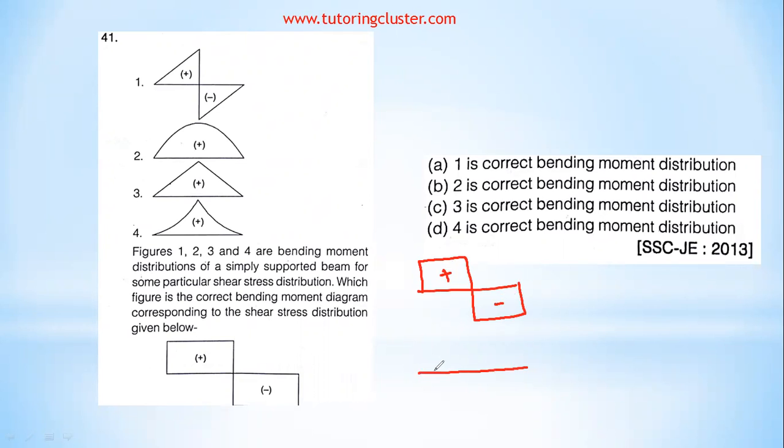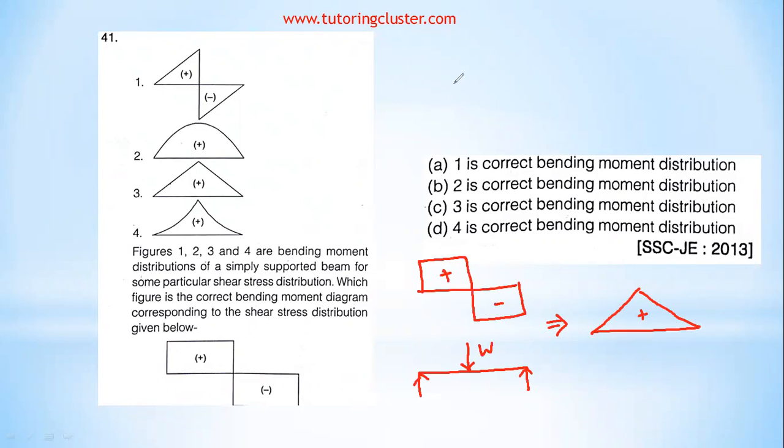So from this, if you want to draw the loading condition, it will be like this. Okay, so for such case, what kind of bending moment we will be having? Triangular shape. We have seen the calculation. It will be triangular.